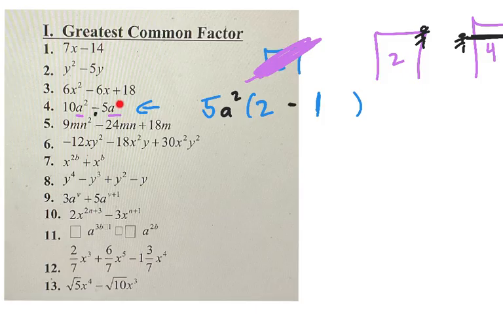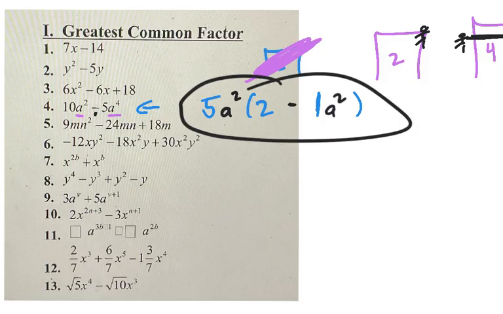So if this is 4, and I took 2 of them out, 4 minus 2 is 2. So this is the factored form of number 4. 5a squared times 2 minus 1a squared. Or we could write that as 5a squared times 2 minus a squared. This is where I was talking about you don't have to have that leading 1. Either way, we're good.